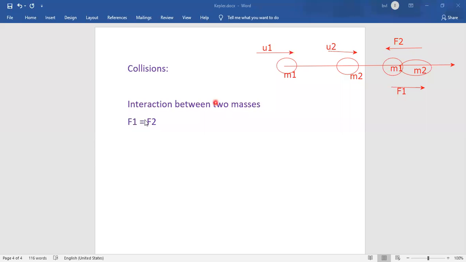This is the reason for the minus: F1 equals minus F2. This is the third law. In collisions, Newton's third law is always obeyed. So all collisions obey Newton's third law.